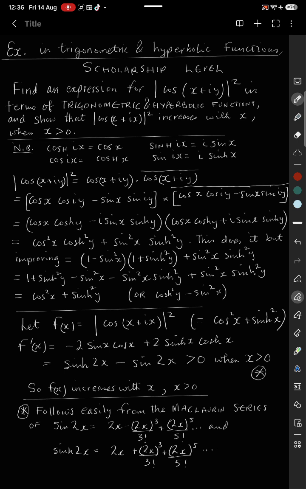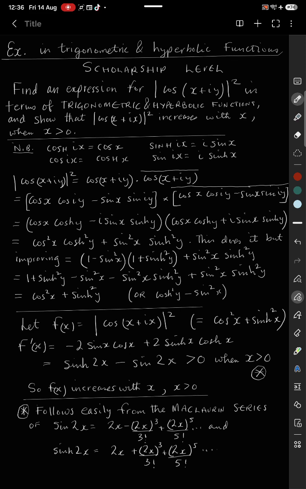Differentiating with respect to x, we get minus 2 sin x cos x plus 2 sinh x cosh x, which, writing the positive term first, is sinh 2x minus sin 2x, and that's greater than 0 when x is greater than 0. So f of x increases with x when x is greater than 0.